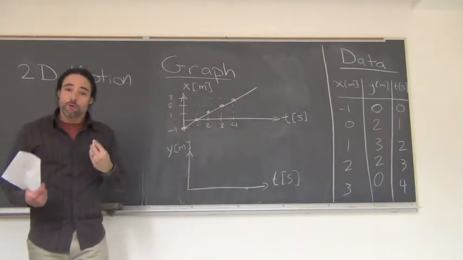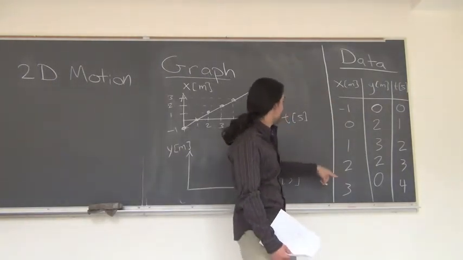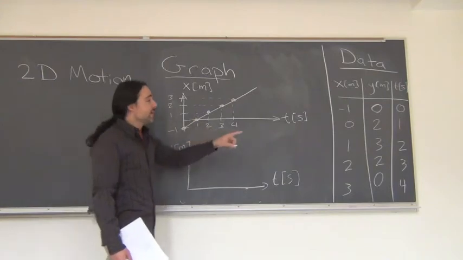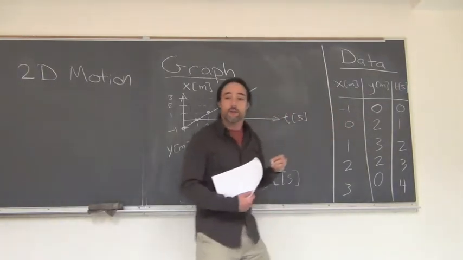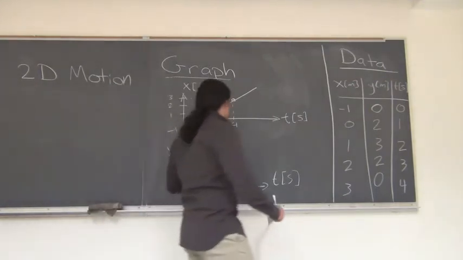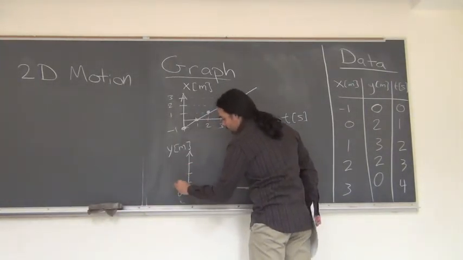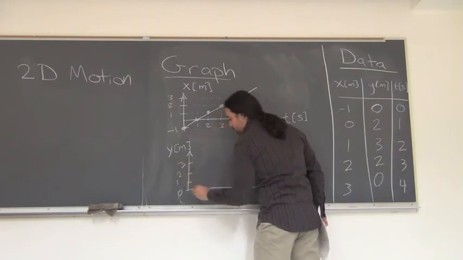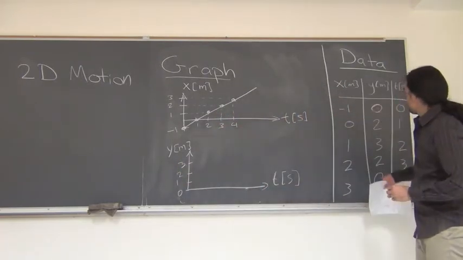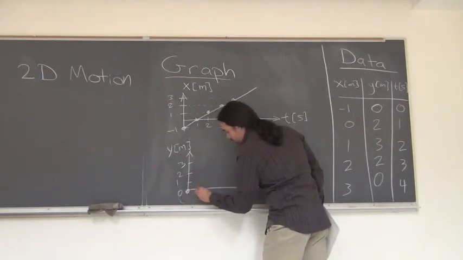I can do the same thing with the y-coordinates. Just as I looked at the x-coordinates to get the values for this graph, I can look at the y-coordinates to get the values for the other graph. So let's see, y goes from 0 to 3. 0, 1, 2, 3. At t is 0 seconds, we're at 0 meters. That's right there.